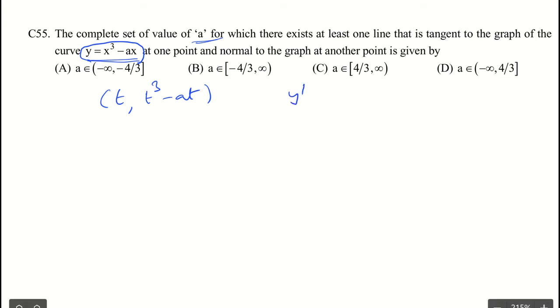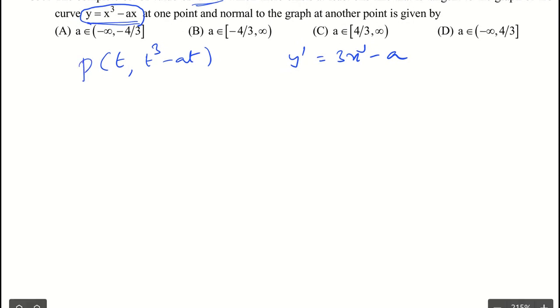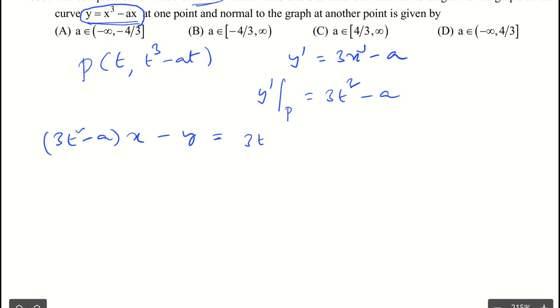So differentiating, I have y dash is equal to 3x square minus a. Now substituting the point P in the derivative, we have the derivative at P is nothing but 3t square minus a. Therefore the tangent to the curve at P is (3t square minus a) into x minus y is equal to (3t square minus a) into t minus t cube plus at.